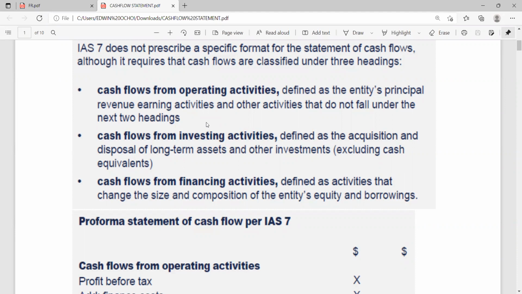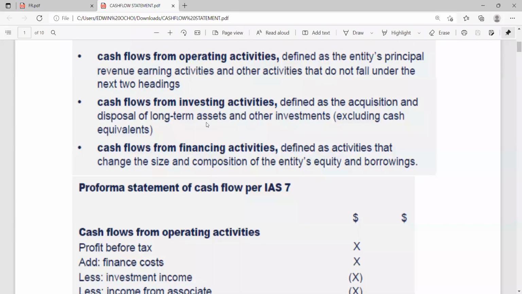Then we have cash flows from investing, defined as the acquisition and disposal of long-term assets and other investments, excluding cash equivalents. When talking about investment, in a nutshell, I will be covering whether an asset is acquired or disposed.